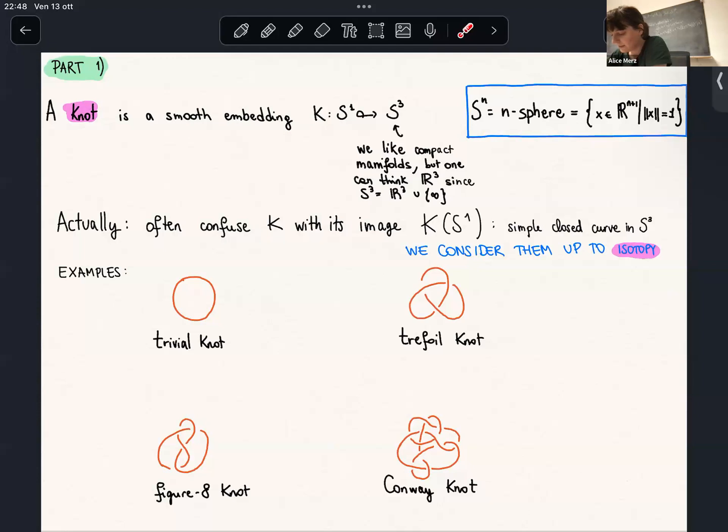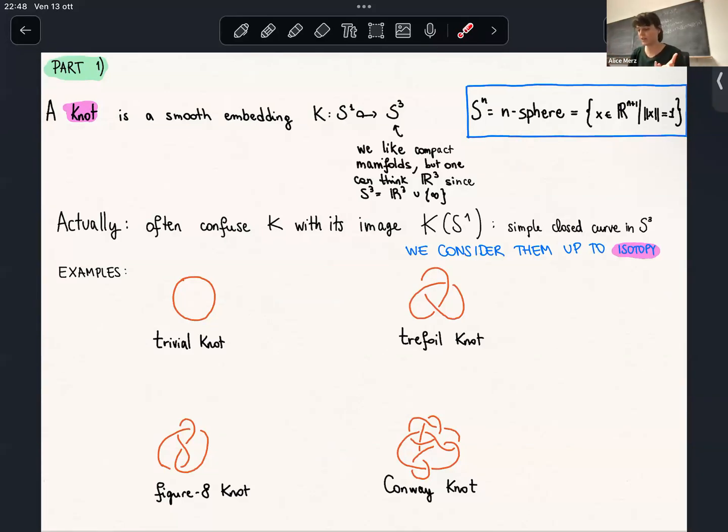In the image, I consider S3 because we like compact manifolds, but if you're more comfortable with it, you can just think of R3, and it's basically the same, since S3 is just R3 union a point at infinity, compactified at infinity.